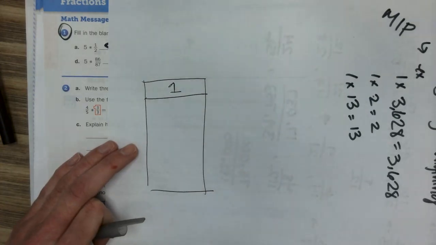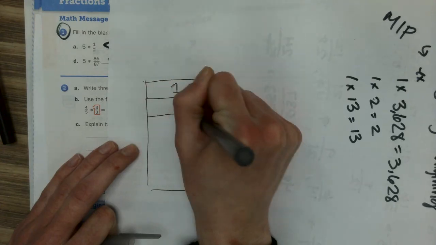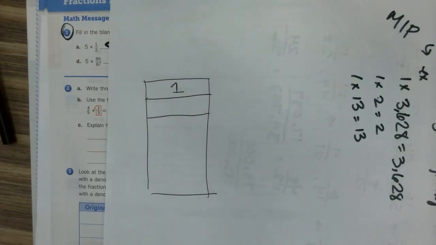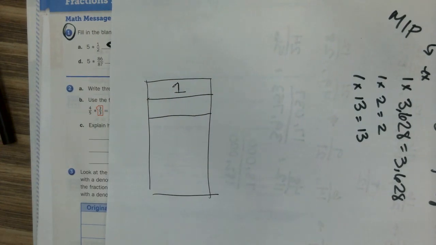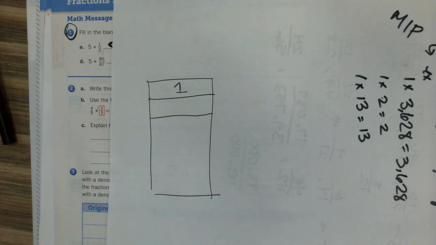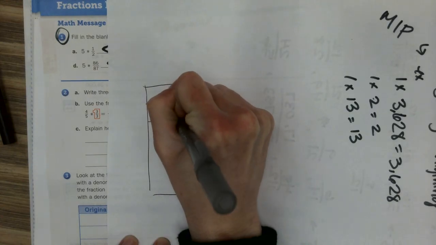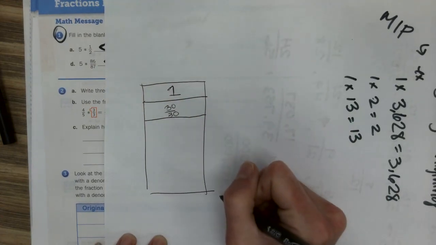I want to write equivalent fractions for 1. So if I say 1 is my whole number, what are some equivalent fractions that would be the same as 1? Oscar. 30 30ths. We can start that big, we can go a little smaller.